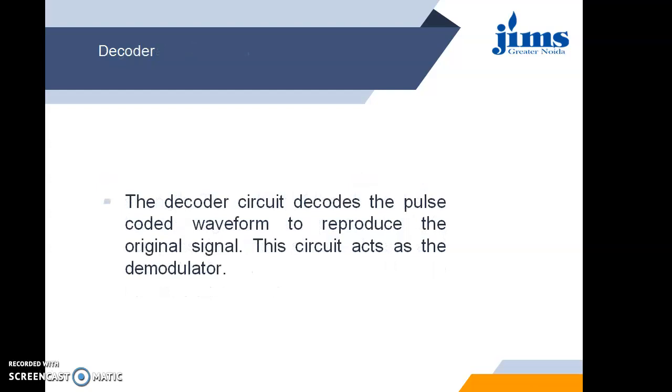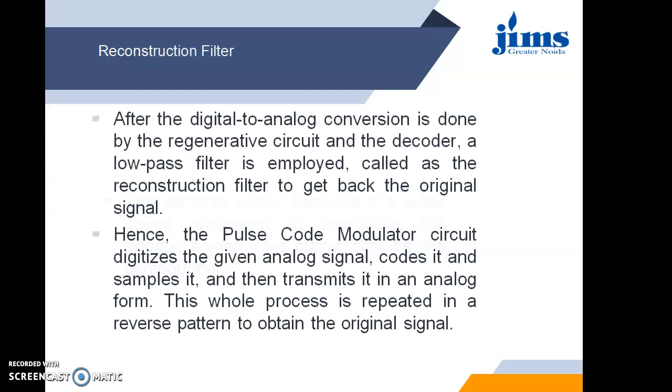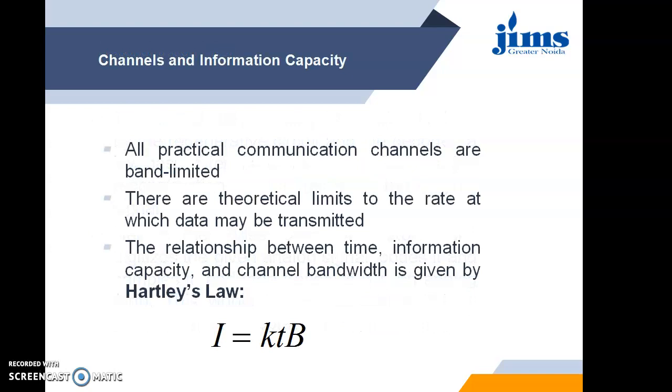The decoder decodes the pulses and reproduces the original signals. After the D to A conversion is done by the regenerative circuit and decoder, a low pass filter called the reconstruction filter is employed to get back the original signal. Hence the PCM circuit digitizes the given analog signal, codes it and samples it, and then transmits it. This whole process is repeated in reverse to obtain the original signal.